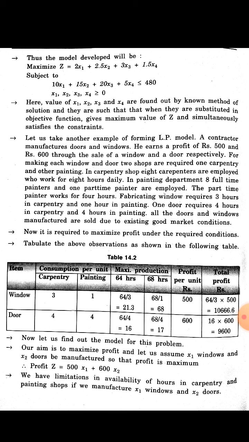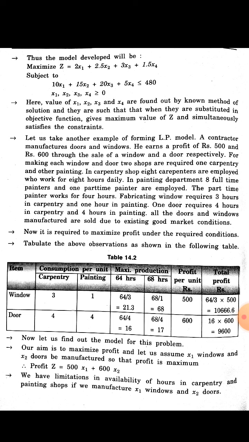Similarly, 64 divided by 4 is equal to 16, multiplied by 600 is 9600, the total profit for a door. Now let us find out the model for this problem.